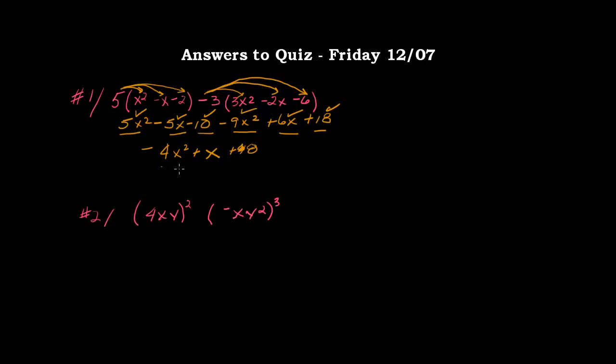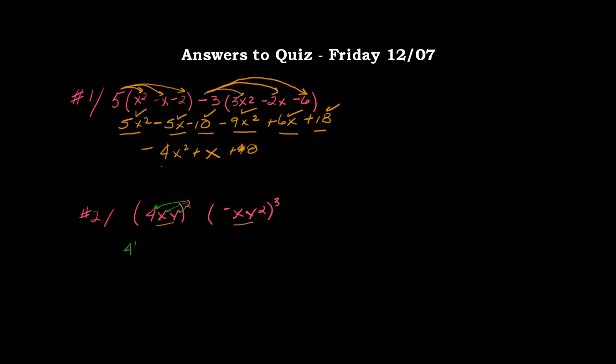I'm sorry about that. Number two is checking the distribution. What happens to a monomial inside here when you raise the outside to a power. So everything gets raised to the second power here. Everything does. So a couple of ways to think of this.